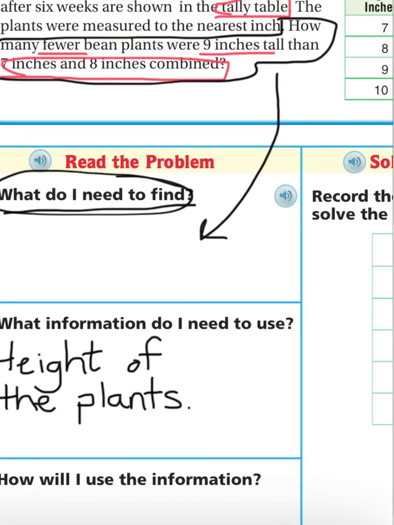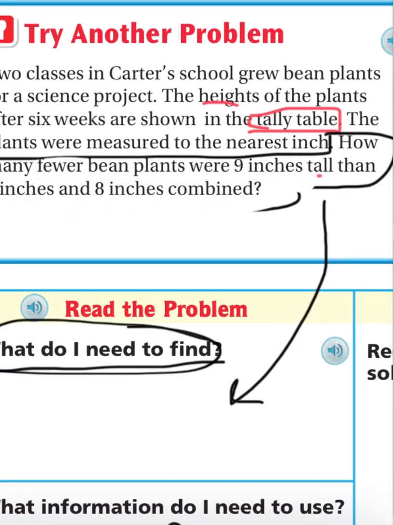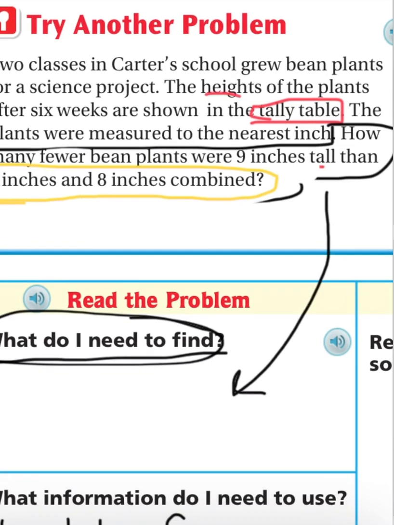But we also see up here, 7 and 8 inches combined. So that tells us we have to add the number of 7-inch plants and the number of 8-inch plants. Whenever we see combined, that means add.